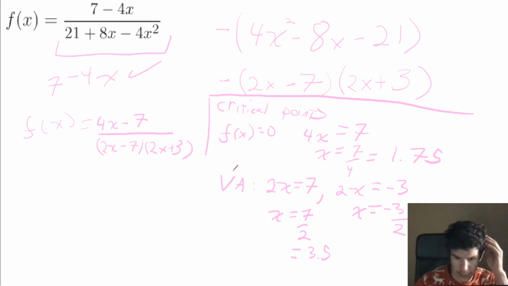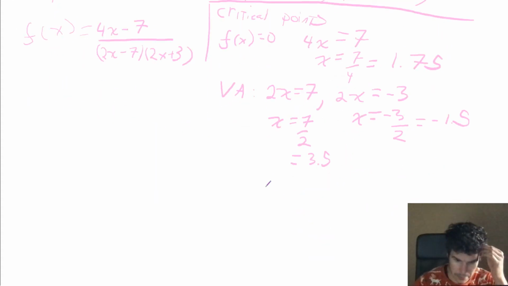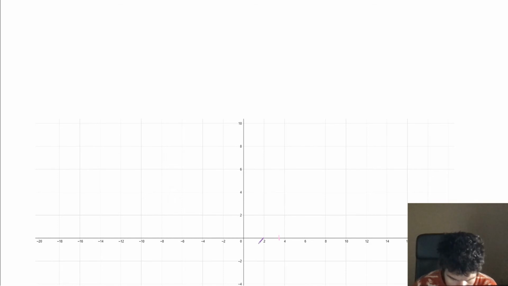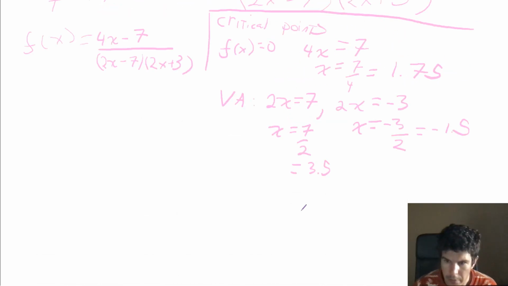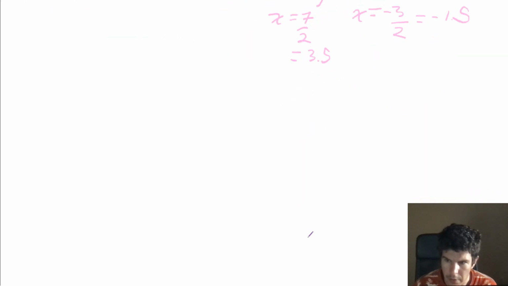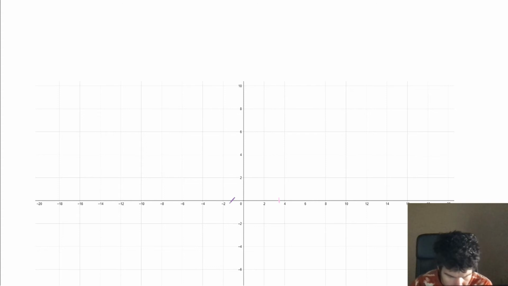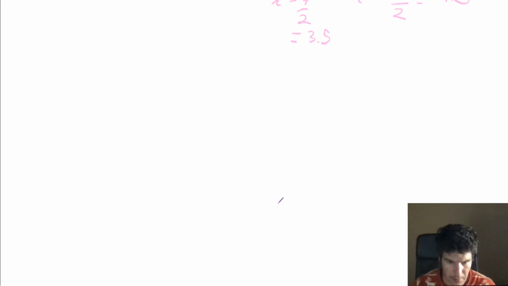I'll go down and draw these on my graph right away. We have 3.5, negative 1.5, and 1.75. Oh, the last one's negative 1.5 and 1.75. Let's also just check the y-intercept.